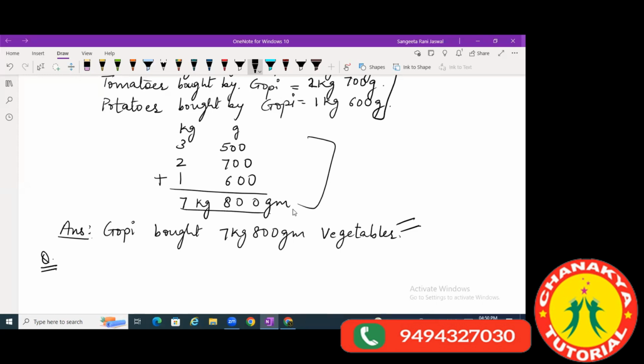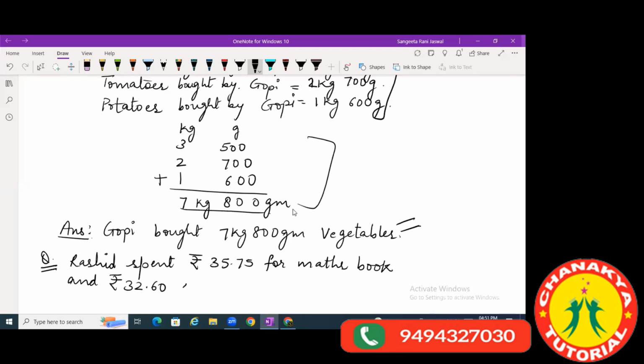Okay, let's take another question. The question is, Rashid spent rupees 35.75 paise for maths book and rupees 32.60 for science book.